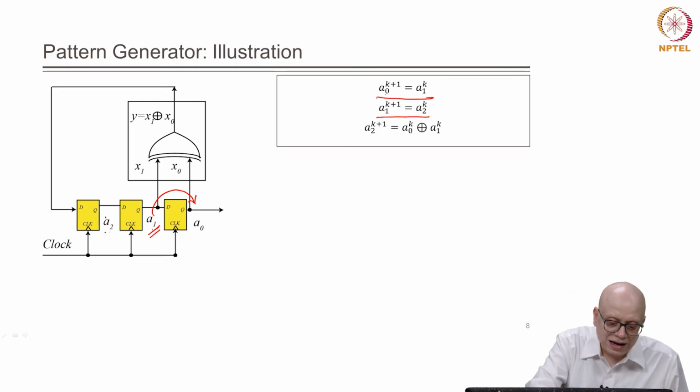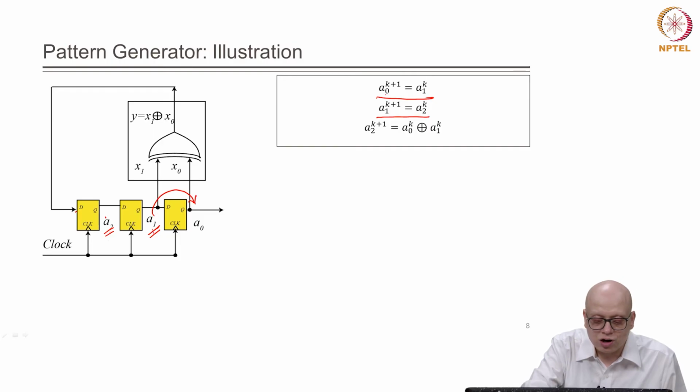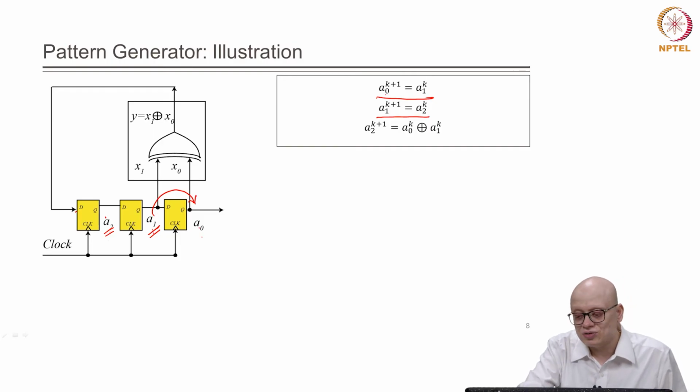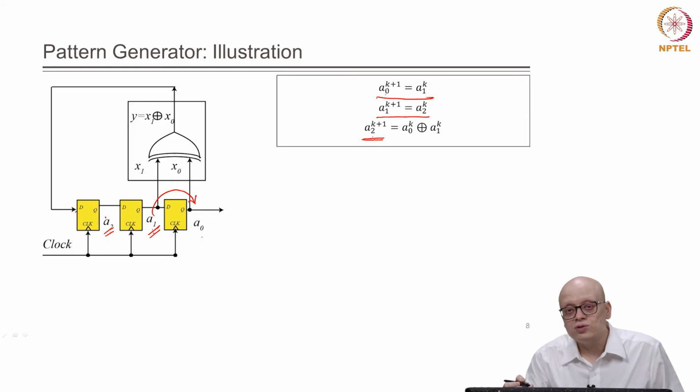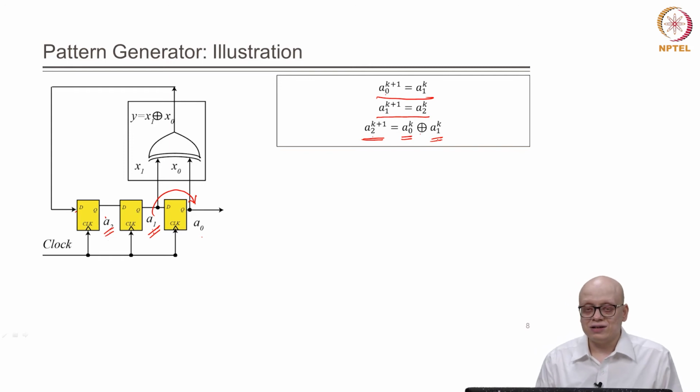Now, what about A2? A2 is receiving at the D input the XOR of A1 and A0. So, we have A2(k+1), meaning the value of A2 in the next clock cycle is the value of A0 in the kth clock cycle XORed with the value at A1 in the kth clock cycle. So, this is the next state equation which we can write for this LFSR.